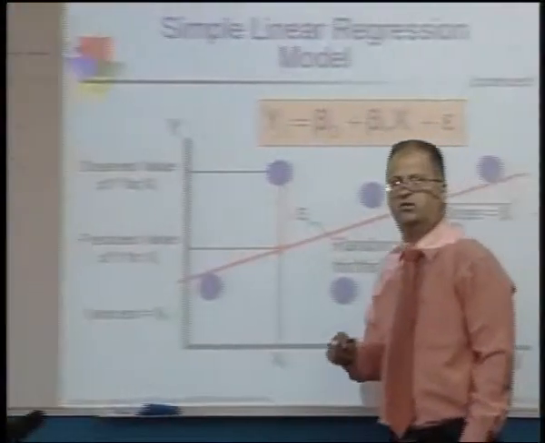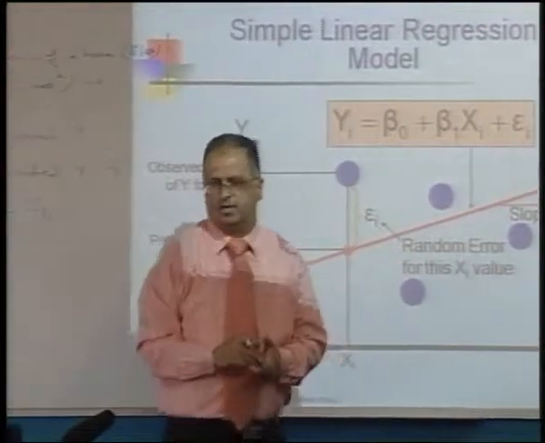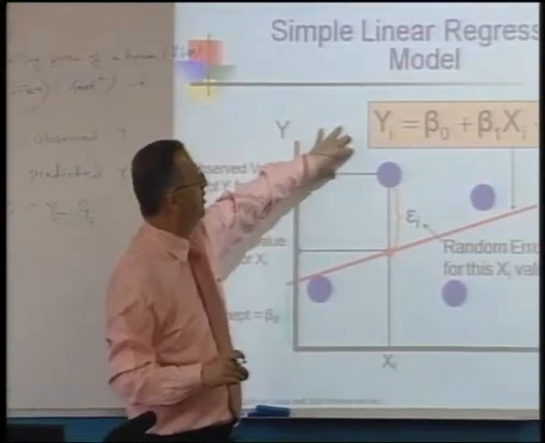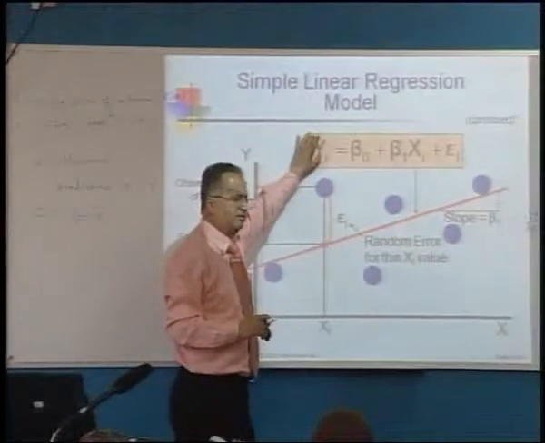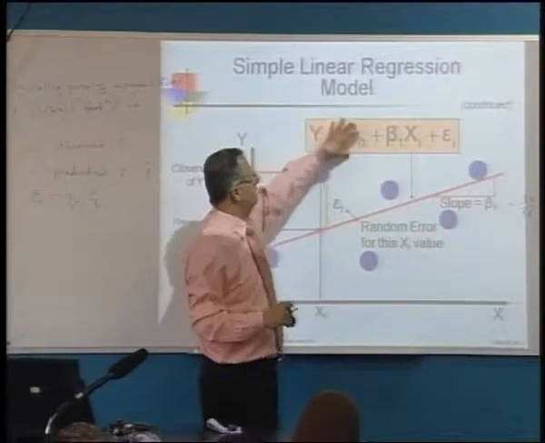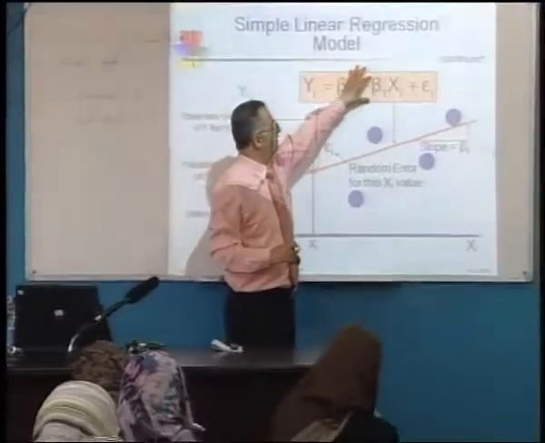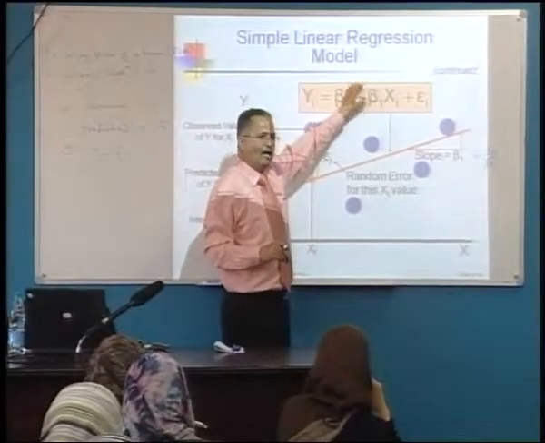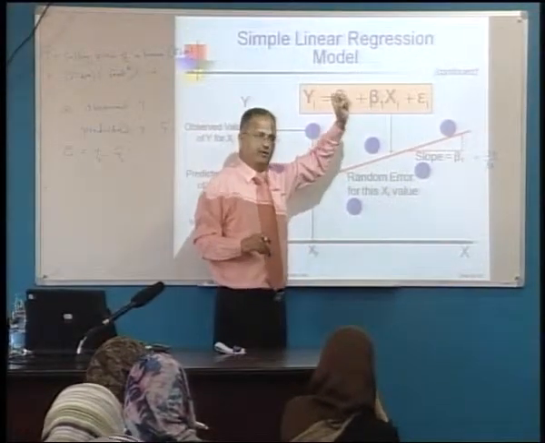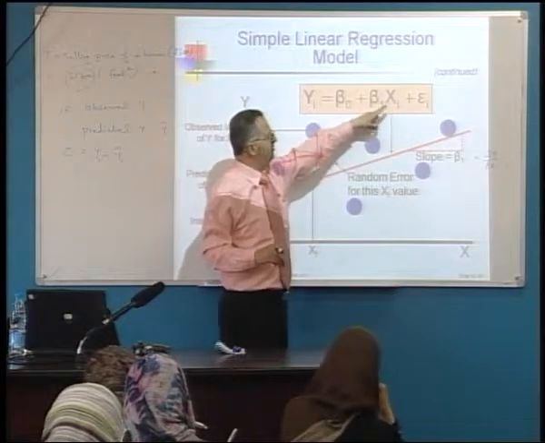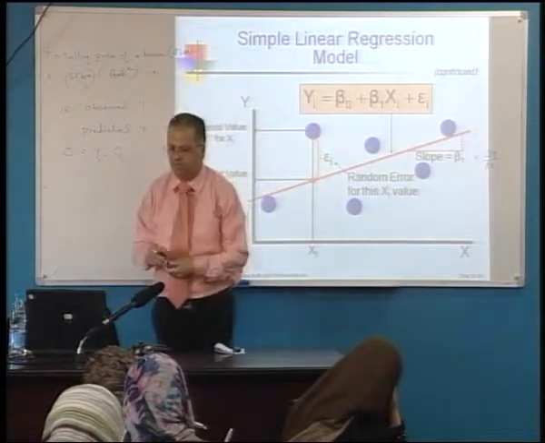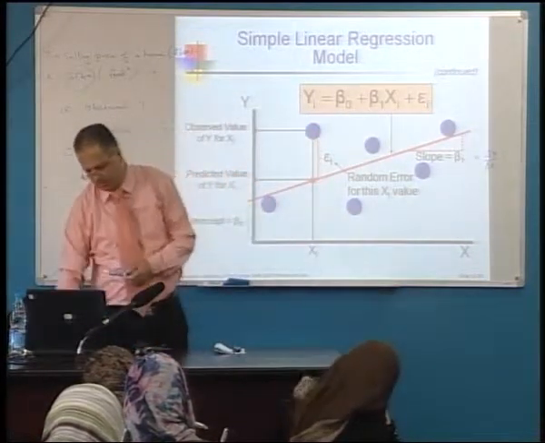So these are the components of the simple linear regression model. Y again represents the dependent variable. Beta 0 is the y-intercept. Beta 1 is your slope, and the slope determines the direction of the relationship. X is the independent variable, and epsilon i is the random error term. Any questions?